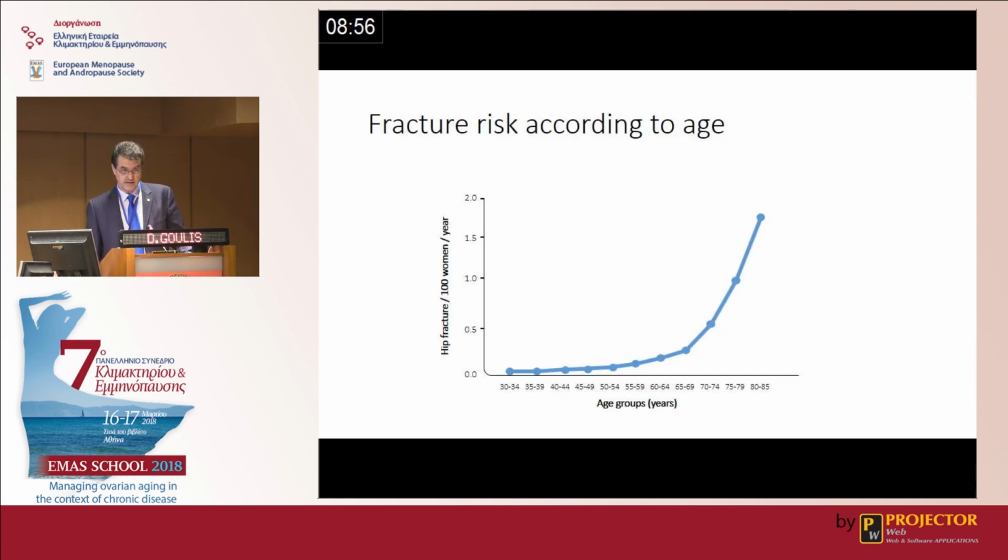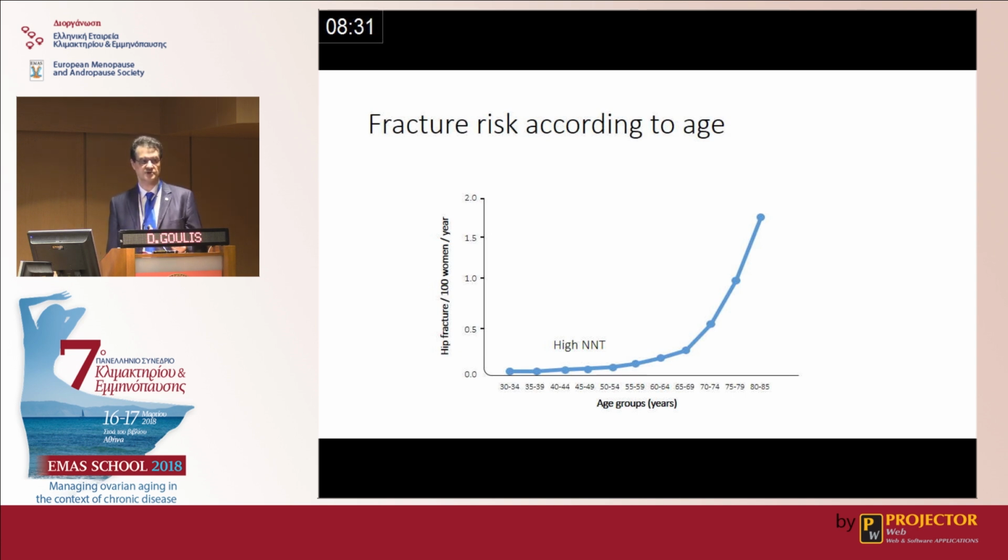Another important thing, a very good predictor of bone loss, is age, actually. So in the early ages, I would say up to 70, the baseline possibility of a fracture, in this case a hip fracture, is low. And then you can see an exponential increase in the fracture rate.